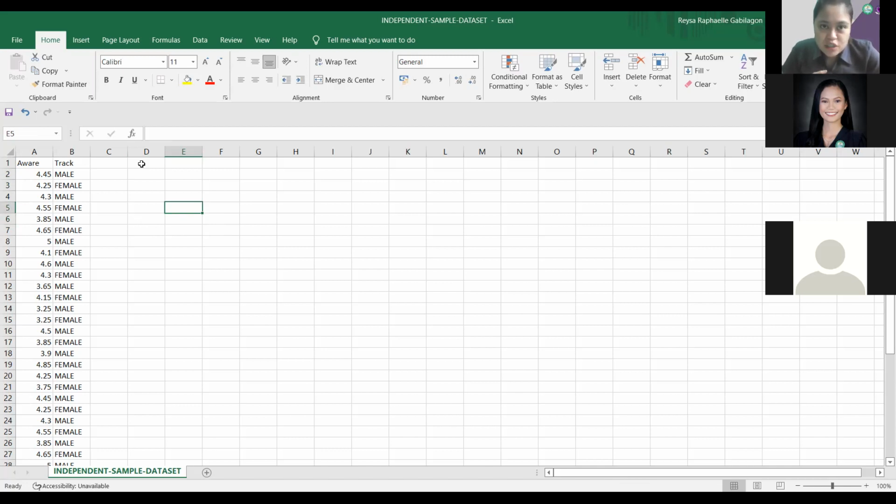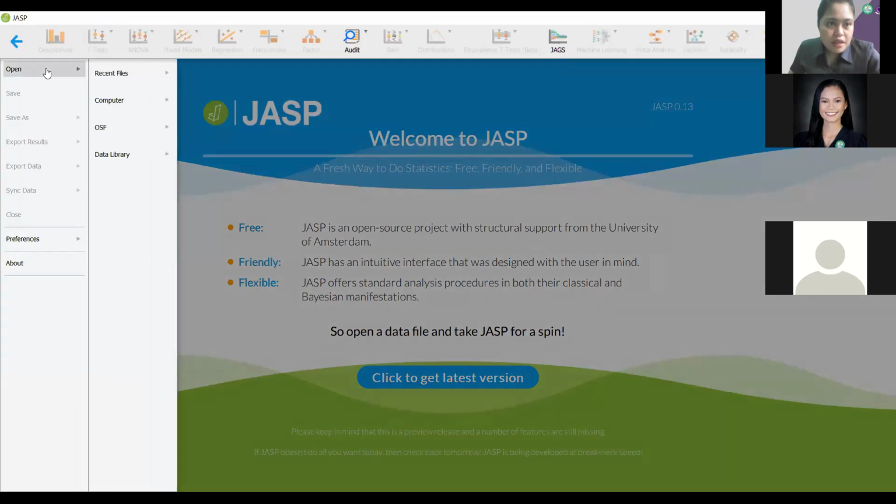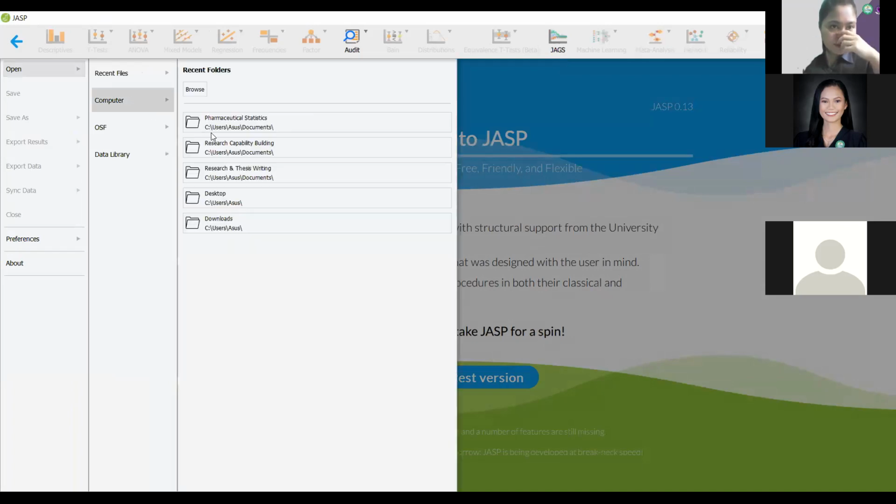Sige. So, since JASP lang yung magagamit ko nito, so let's open JASP. This is already saved in my laptop and naka-CSV format na. So, diretso tayo sa JASP. And then I will just open the file.